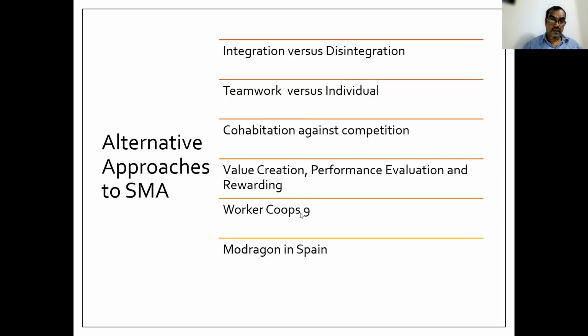Worker co-ops. A worker co-op is a kind of organization structure where all the big stakeholders who directly engage in the course of production have the opportunity to take part in the management, either as a representative or through some other model, which will have to be discussed. This is very popular, so that you can eliminate unnecessary conflicts between employer and employee.